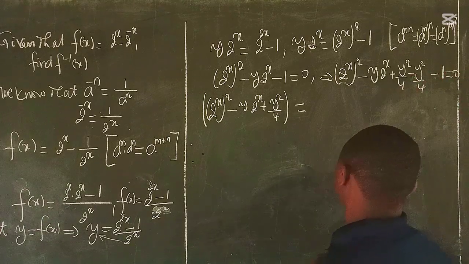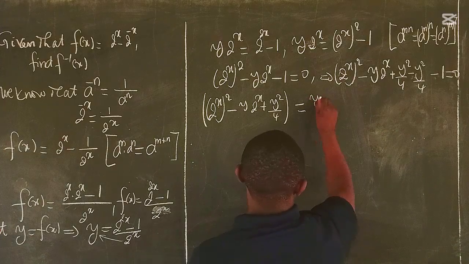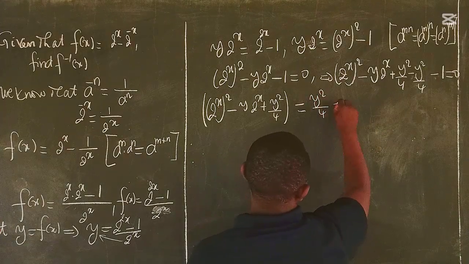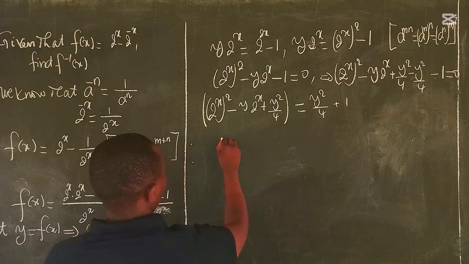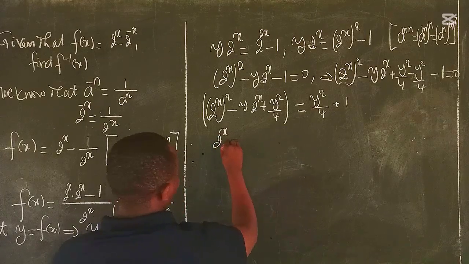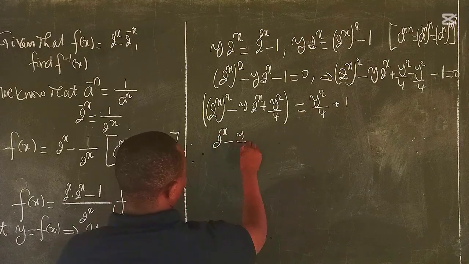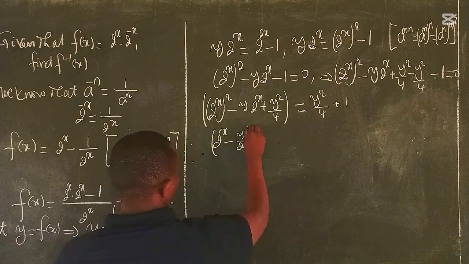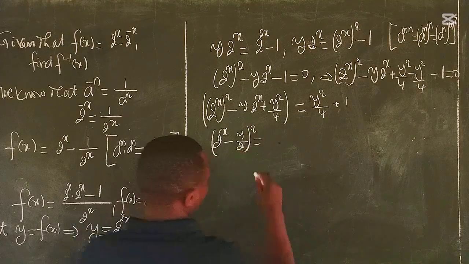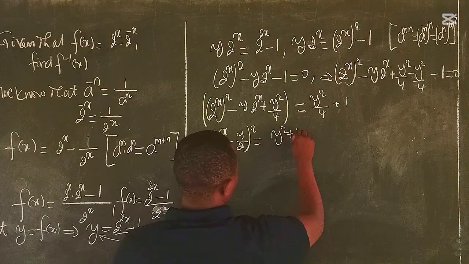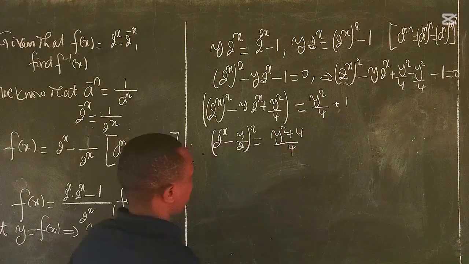This will be changed into positive. Here is y power 2 over 4 plus 1. This will become 2 power x minus y over 2, all squared. Putting this on a common denominator, we have y squared plus 4 over 4.